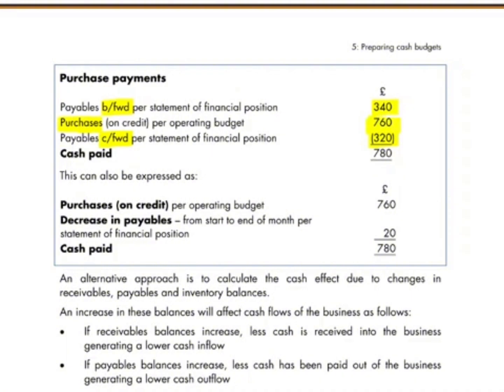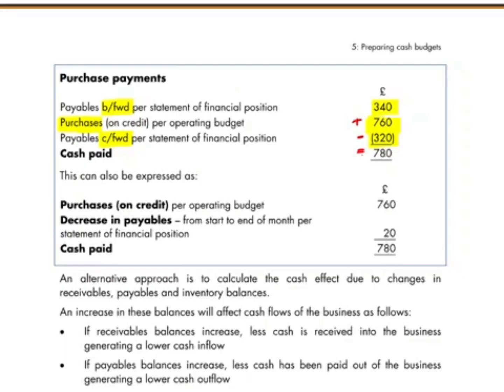Just like the sales and receivables figures, the logic is that we would have paid all of the opening balance and all of the purchases cost recorded on the operating budget, but we haven't paid the balances outstanding. We've retained our cash. So if we add 340 to 760 and then subtract off that payables balance carried forward of 320, we can see that we've paid the equivalent of £780 in cash in respect of our purchases.